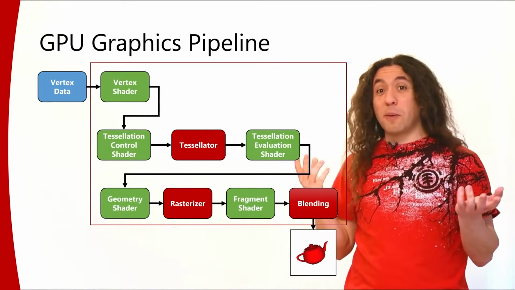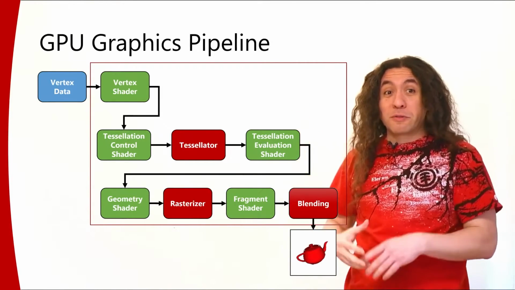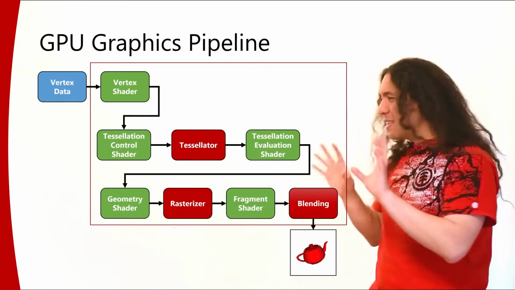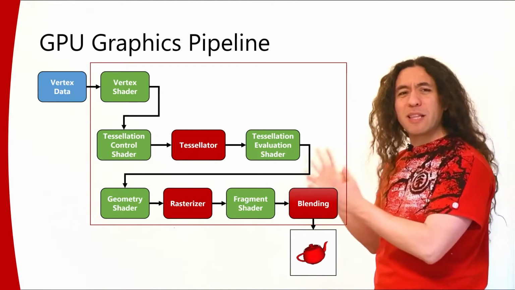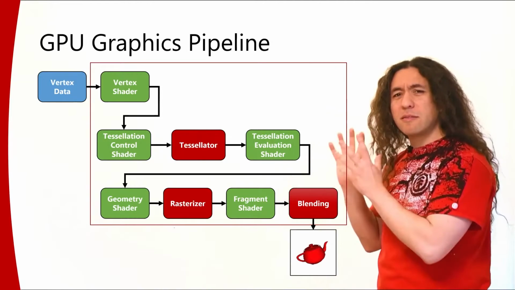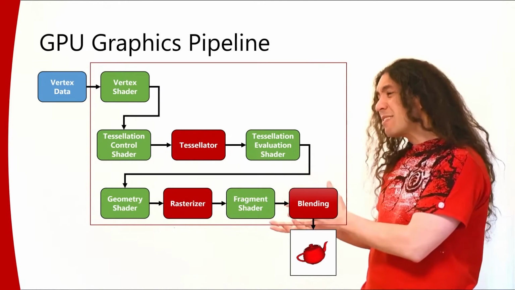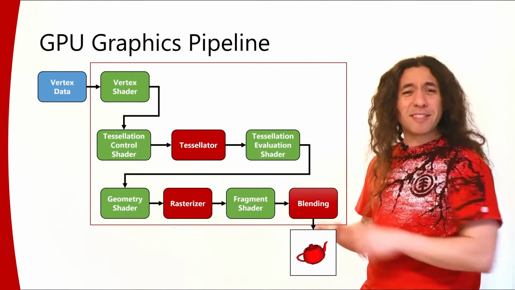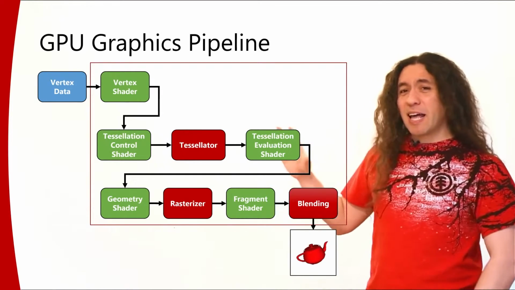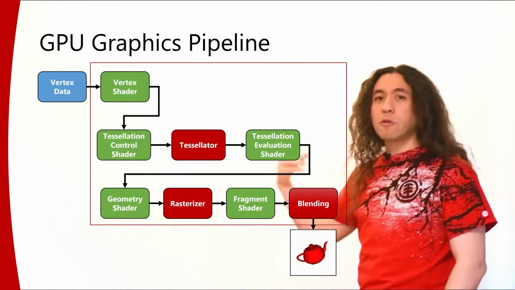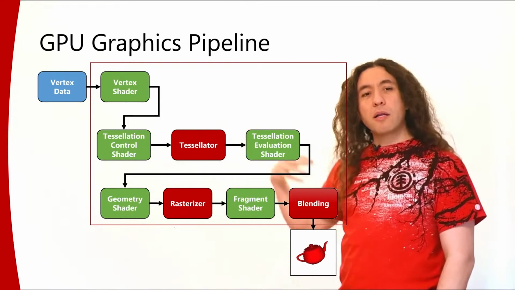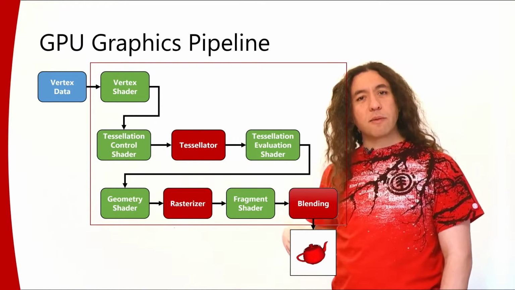And then the output of the geometry shader, who knows, could be whatever. So optimizing this becomes a little clumsy, I guess.